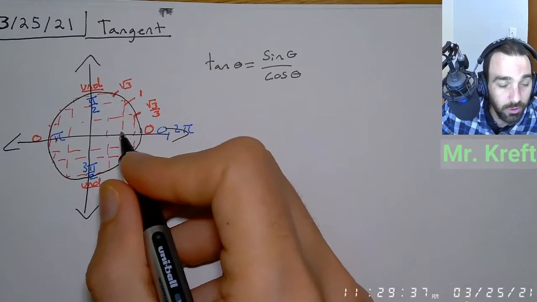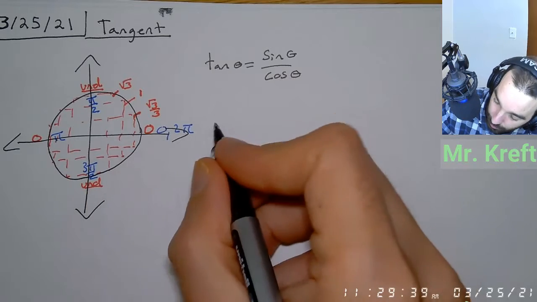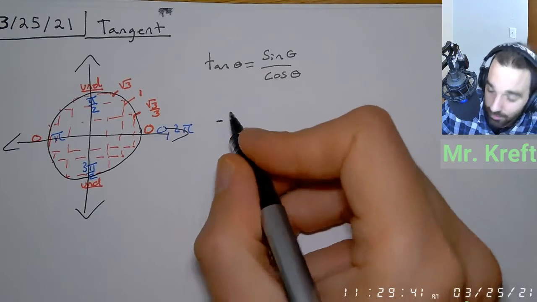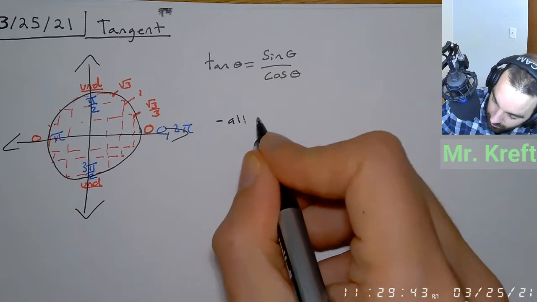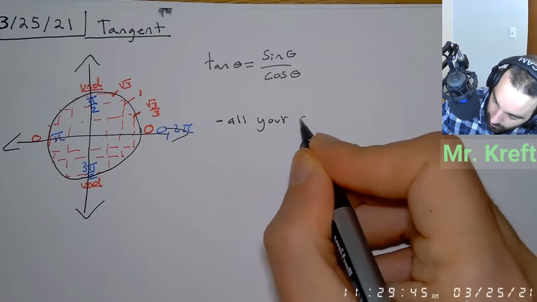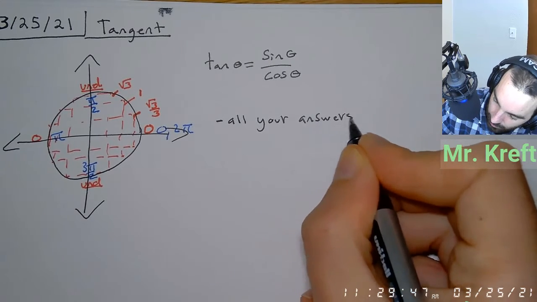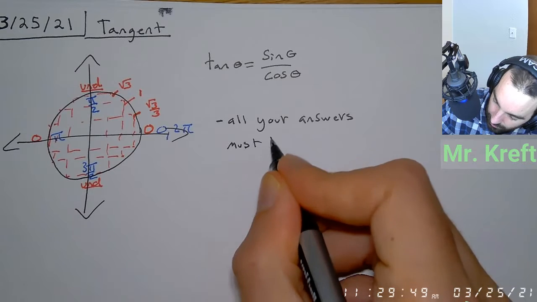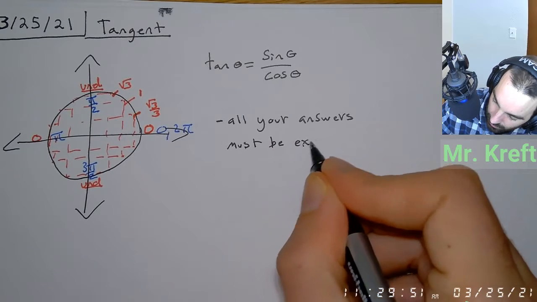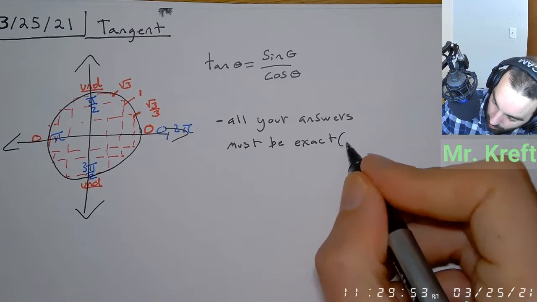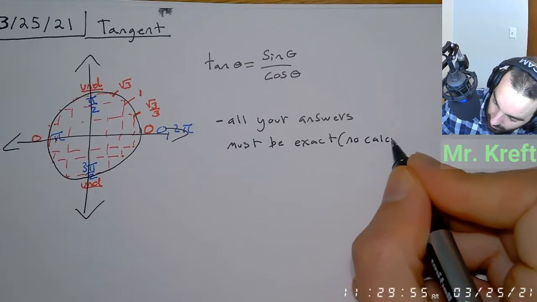Okay, so those are the important things there. Super important that all your answers have to be from the unit circle. They must be exact. That means no calculator.